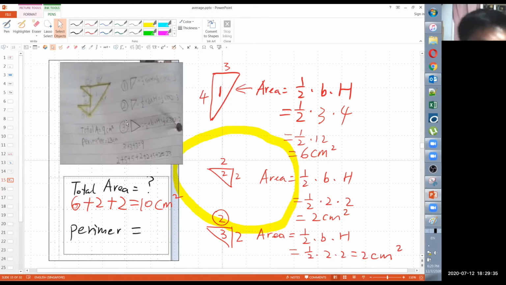First thing first, you have written down triangle 1, but without labeling the base and the height. Can you see?